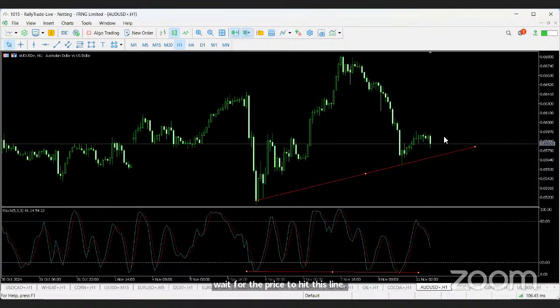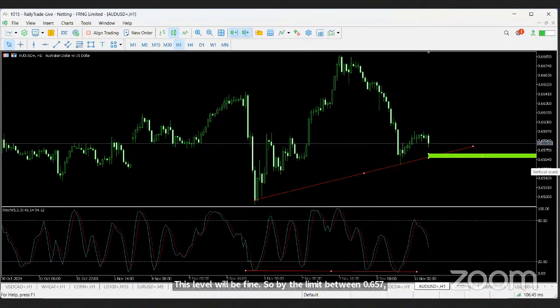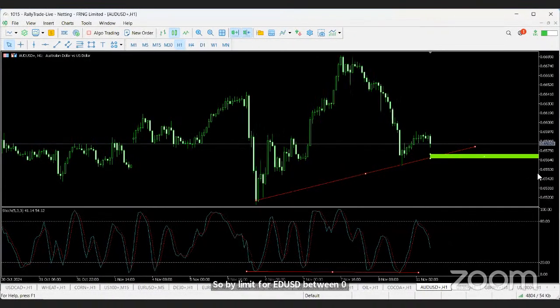So that's for AUD USD. We can actually wait for a buy limit around this level. Around this level will be fine. So buy limit between 0.657, write it down, and 0.656. So buy limit for AUD/USD between 0.657 and 0.656.